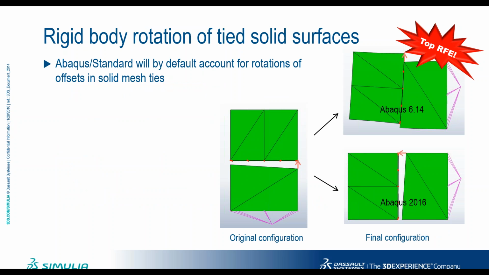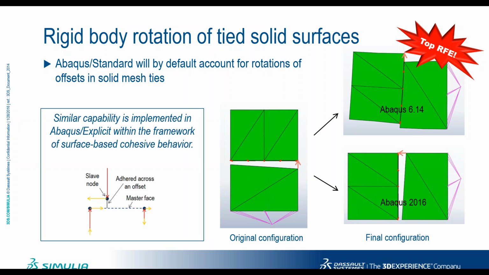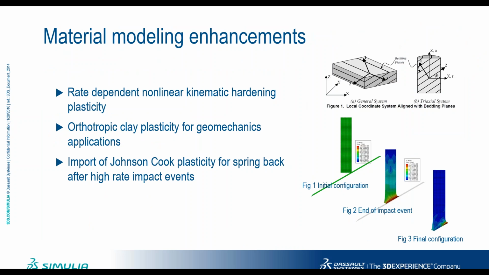Okay, so another improvement is the rigid body rotation of tied surfaces. Now it will be accounted for by default, even in Abaqus standard. In Abaqus explicit, this feature has already been included, and as you can see, from 2016 this is included for standard as well.